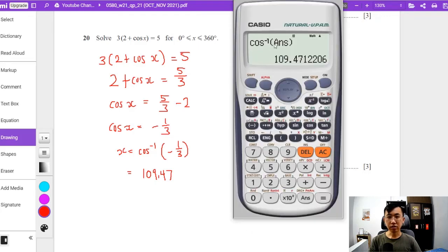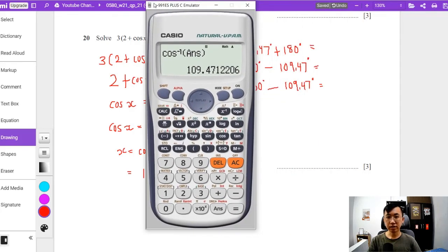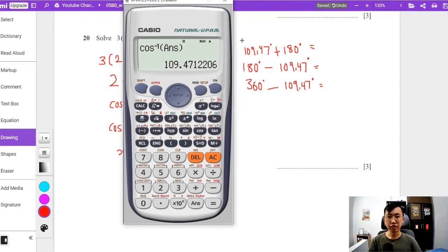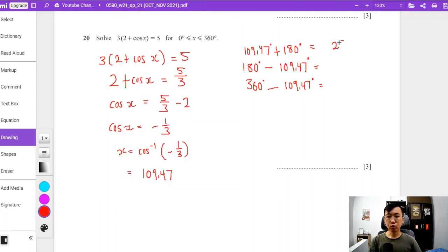So let's use calculator and solve this 3 first. I'm trying to check. Imagine this is using pencil to find out. 109.47 plus 180 degree. So 289.47 degree.